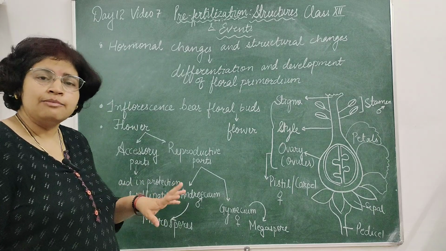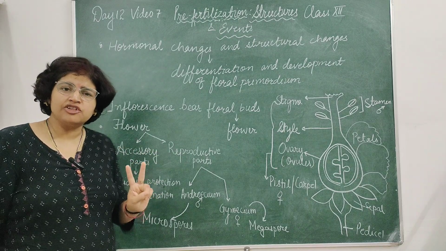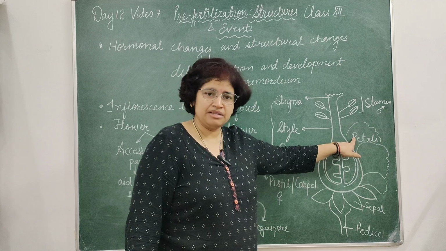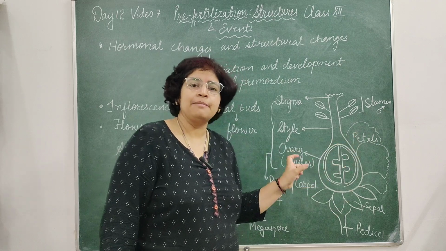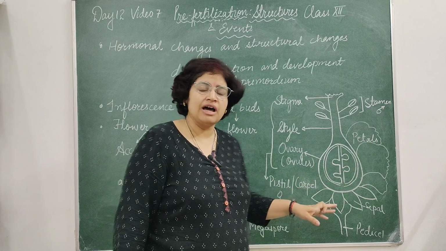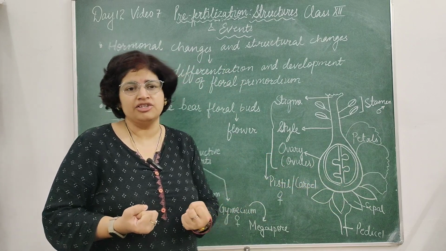Pollination, how? They attract for pollination. In accessory parts, there are two main parts of the flower: one is the sepal and the other is the petal. Sepal is the green part of the flower and petals are the colored part of the flower. The colored part attracts insects for pollination.